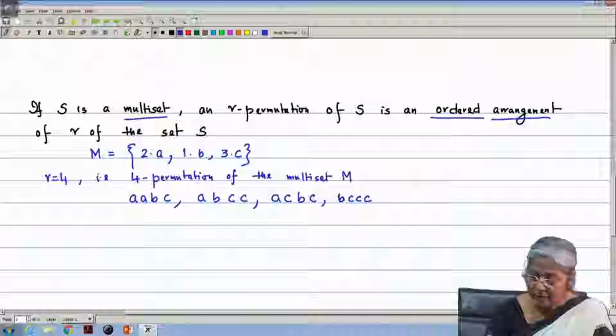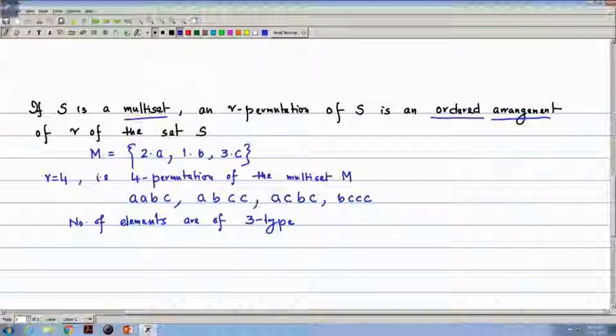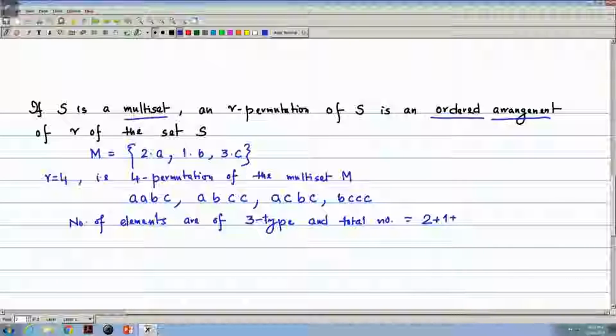Now, the elements in M are of 3 types A, B, C, and the total number is equal to 2 plus 1 plus 3 equal to 6.